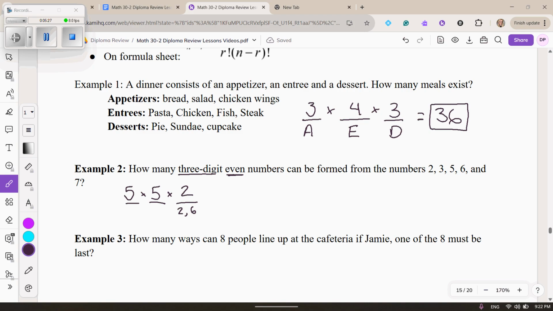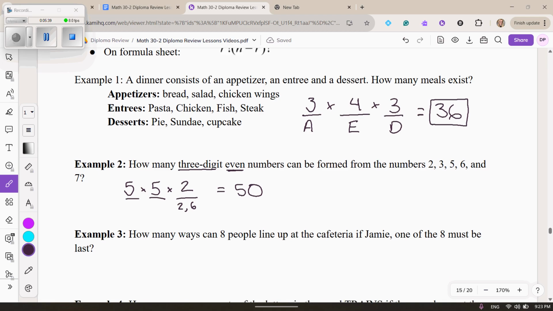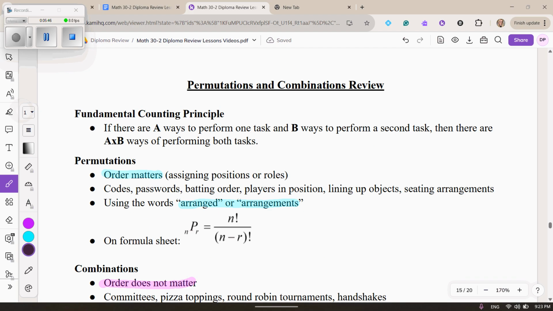So 5 times 5 times 2, which will give me 50 3-digit numbers. So always deal with your restrictions when we're dealing with these types of questions. And remember that permutations and the fundamental counting principle both imply that order matters.